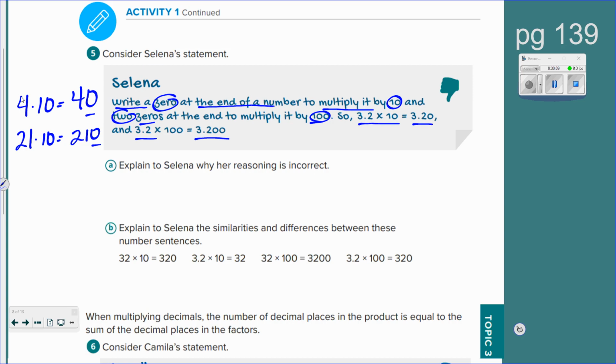Because really, am I adding a 0 when I multiply by 10, or am I moving the decimal place? I'm moving the decimal place. So just adding the 0 at the end without moving the decimal doesn't work. It's not really adding a 0, or 2 if I'm doing 100, it's moving the decimal place.